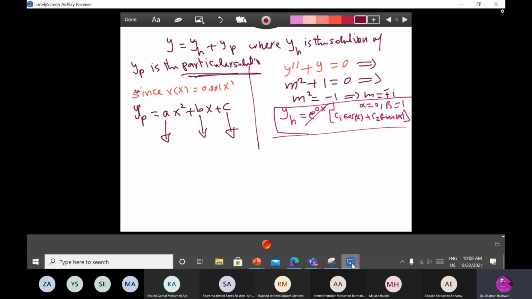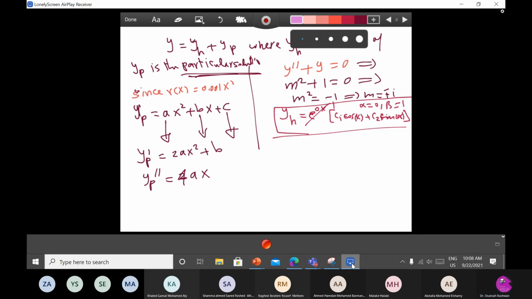This is a particular solution, so I should have YP dash, which is 2ax plus b, YP double dash equal to 2a, because any solution must satisfy the equation. Okay, now substitute in this one. I have y double dash plus y equal to 0.001 x squared.